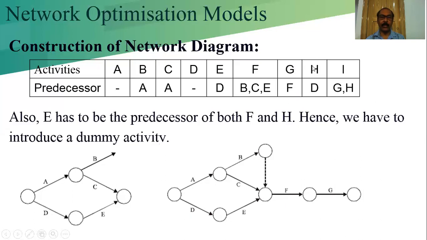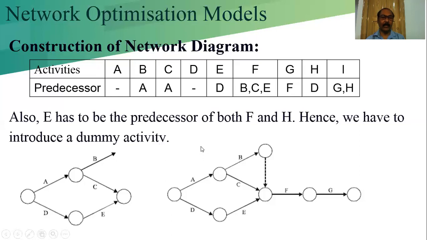Now, we have to move for the H, whose predecessor is D. So, from this, it will come, and G and H are the predecessors of I. That means here we have to add the I activity and H from this.